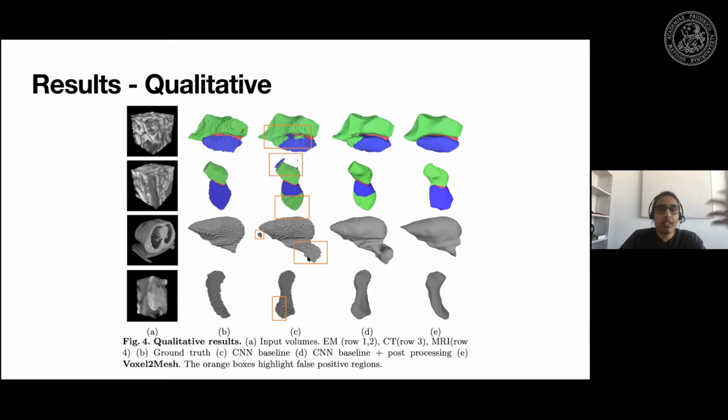Of course, if the UNet makes big mistakes topology-wise, like false positives, then Voxel2Mesh has the edge. But if you look at the fine boundary, it can sometimes have a little bit of error if you reduce the vertex count significantly.